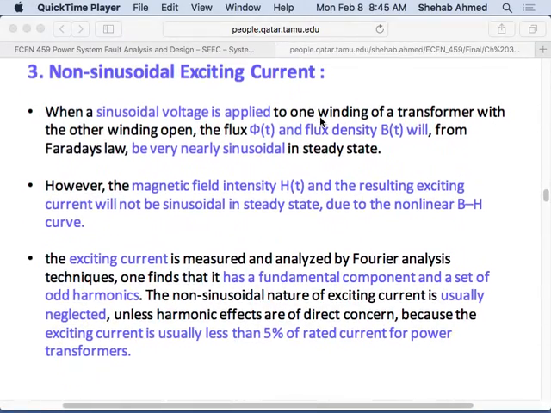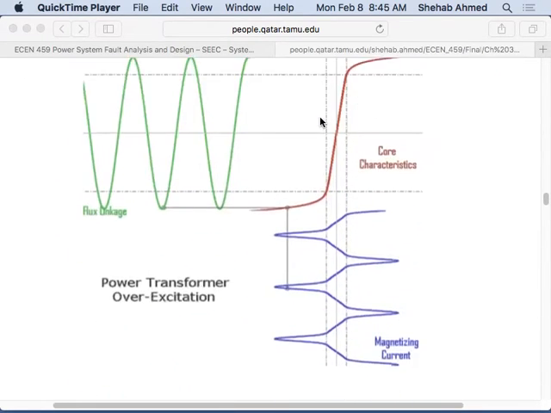Non-sinusoidal exciting current is due to the fact that the BH curve is not linear. So our assumption was B equals mu H. What does this mean? Let's look at this.